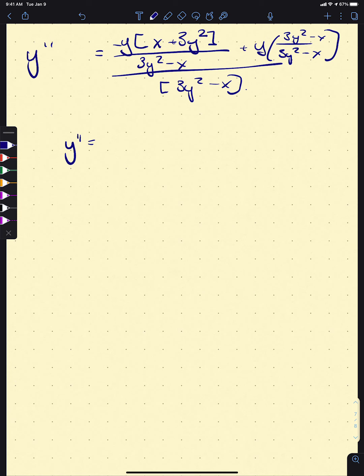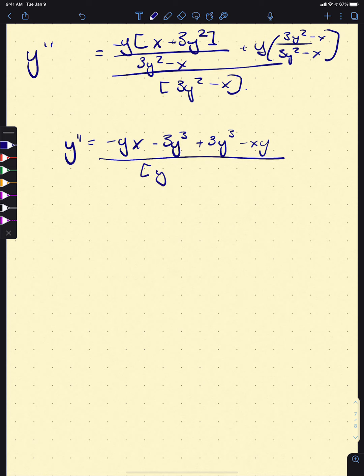We're going to get y double prime, and look how quickly this actually cleans up. We have minus yx minus 3y cubed plus 3y cubed minus xy over 3y squared minus x.